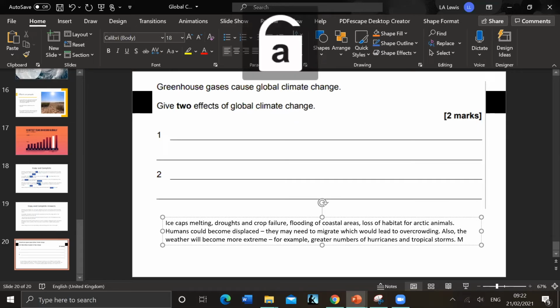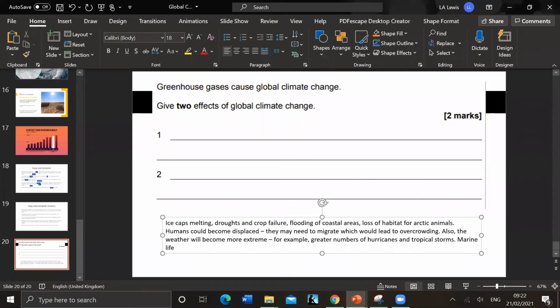So, marine life, you've got the coral reefs. Marine life will become endangered or extinct due to the collapse of coral reefs. So just pick 2 out of those.